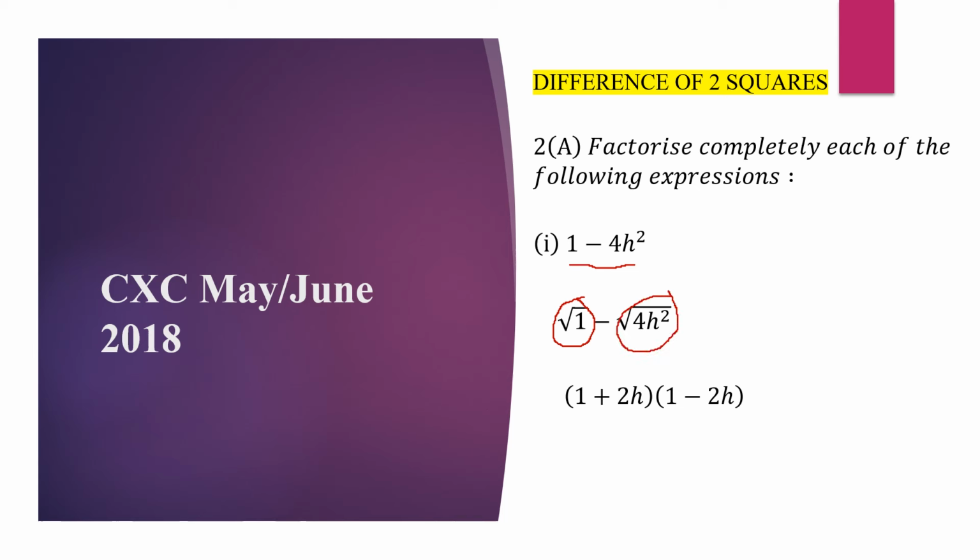Very good. So we will utilize the format. Let's open the bracket. This is the format that we'll utilize. So one of the factors must be a plus b, and the other factor must be a minus b.